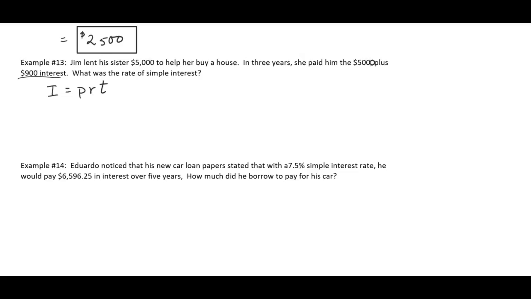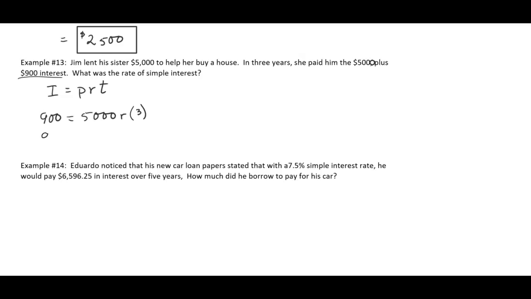We know how much interest she paid, $900. That's just the interest that she's paying. We know the principal. She borrowed $5,000. We do not know the R. That's what we're trying to figure out, the rate of the simple interest. And we know that she had the loan for 3 years.